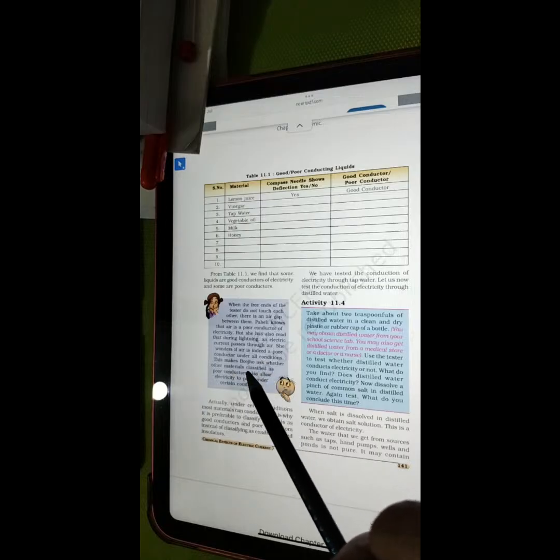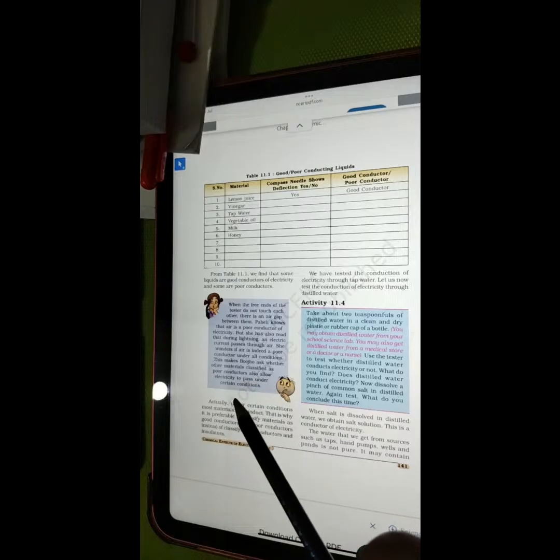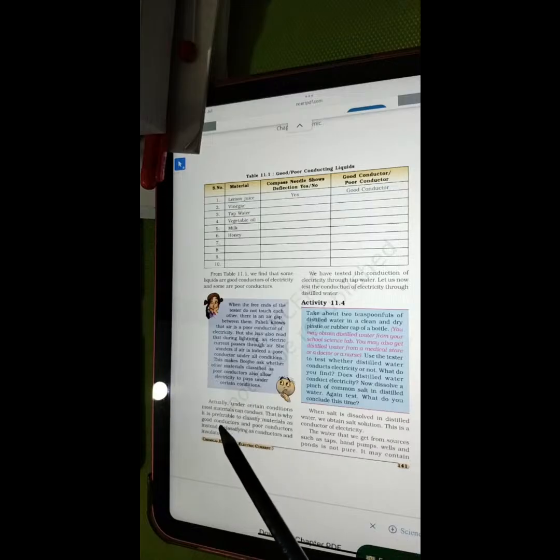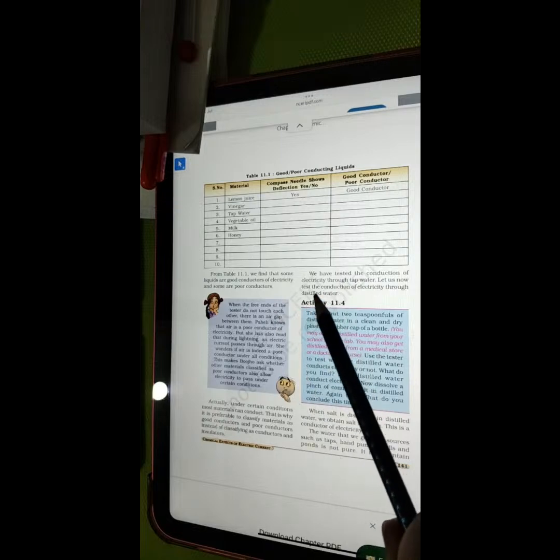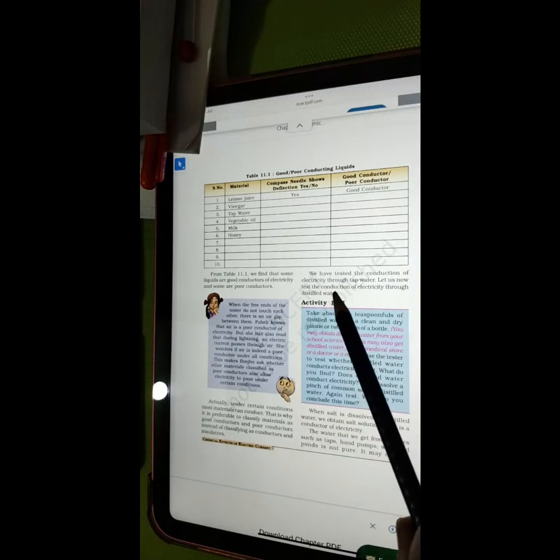This makes Bojo ask whether other materials classified as poor conductors also allow electricity to pass under certain conditions. Actually, under certain conditions, most materials can conduct. That is why it is preferable to classify materials as good conductors and poor conductors instead of classifying as conductors and insulators. We have tested the conduction of electricity through tap water.